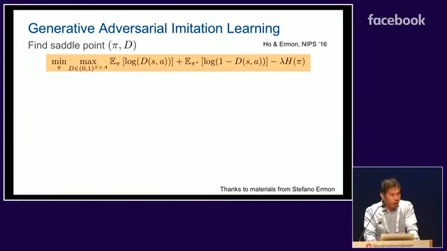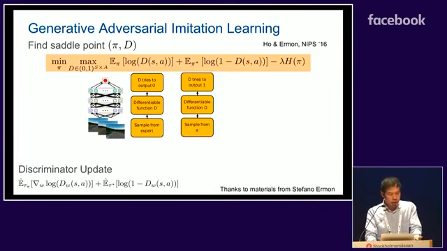There's a close connection between imitation learning and generative adversarial networks here, where the idea is we can pick a neural network to be a discriminator, which is D here. The discriminator tries to classify a sample from the expert as 0 and a sample coming from the policy as 1. And we can train the discriminator by updating the network weights, by applying this gradient, and basically this discriminator tries to maximally tease apart the expert and the policy trajectories.